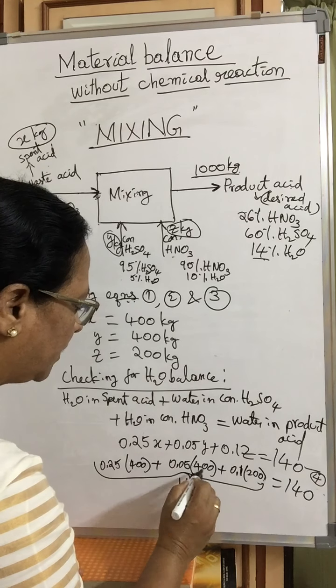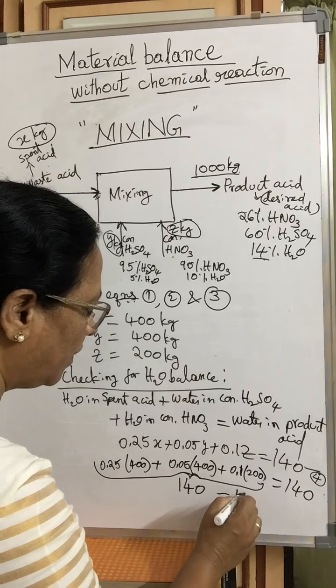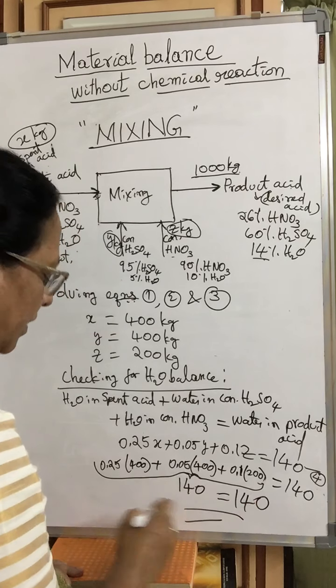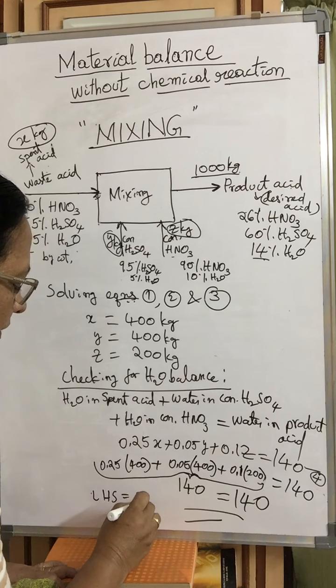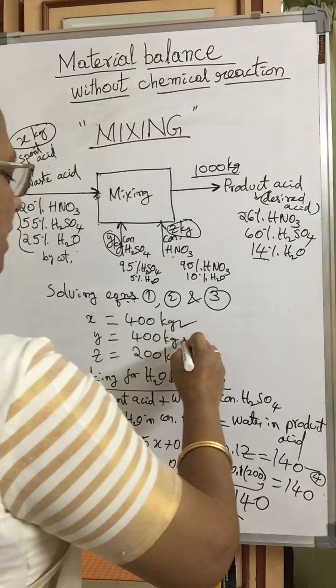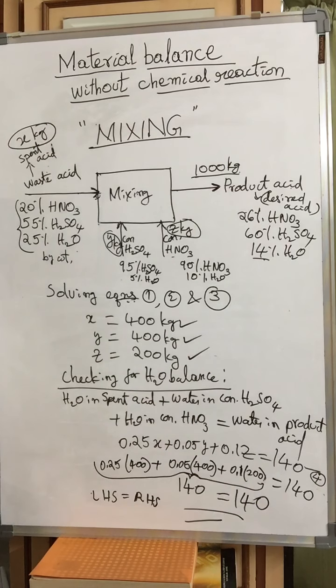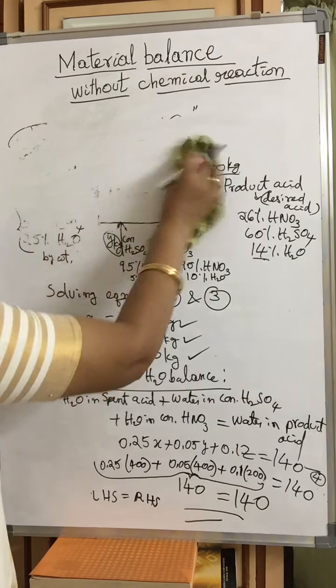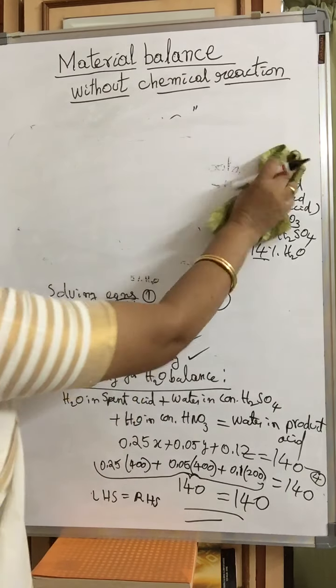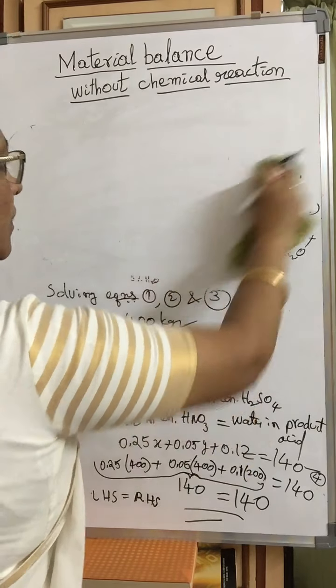This whole thing comes to 140. So 140 is equal to 140. Thus LHS equals RHS. That means your X, Y, Z values are correct. So now you can conclude the answer.